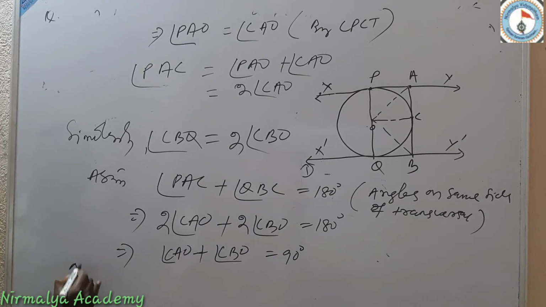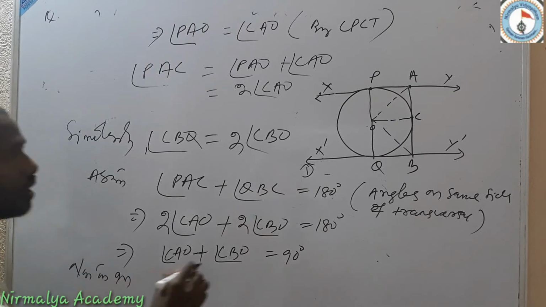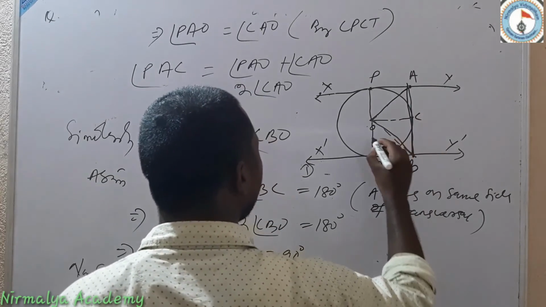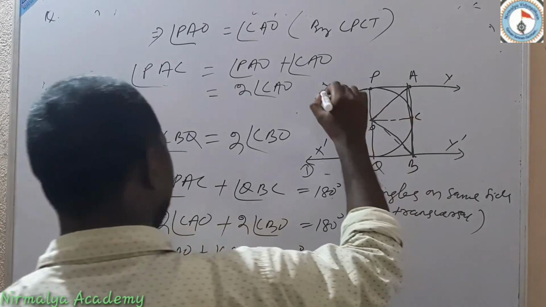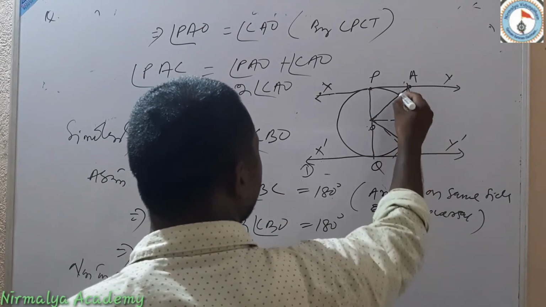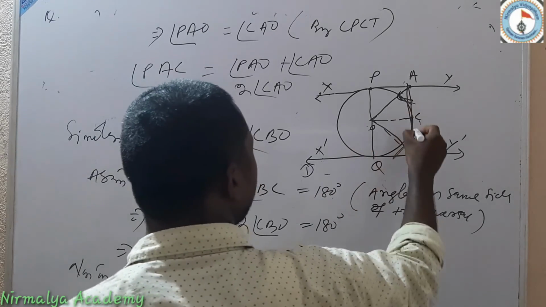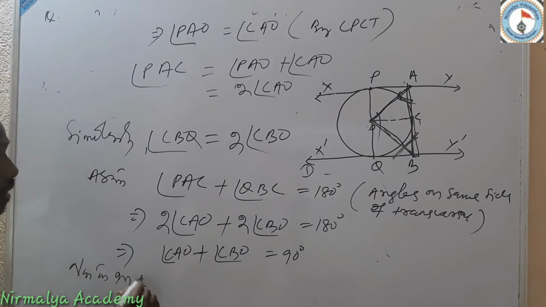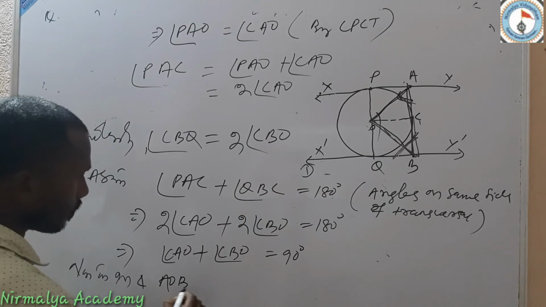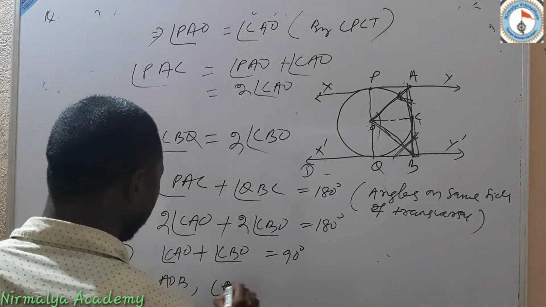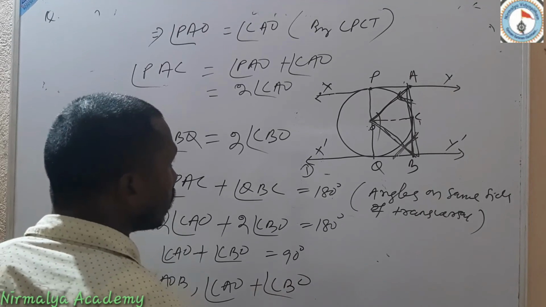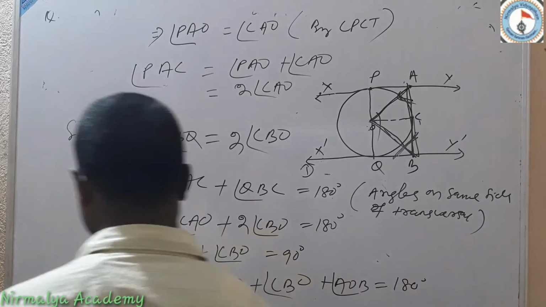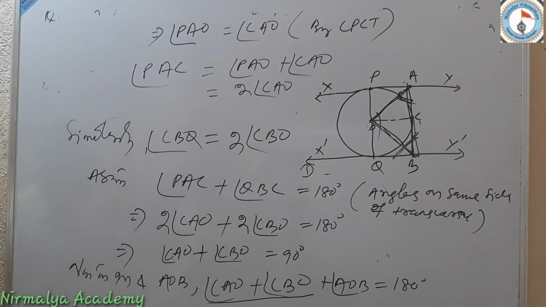Now in triangle AOB, the angles CAO and CBO sum to 90, and the sum of all three angles should be 180. So now in triangle AOB, angle CAO plus angle CBO plus angle AOB equal 180. But we know that angle CAO plus angle CBO equal 90.